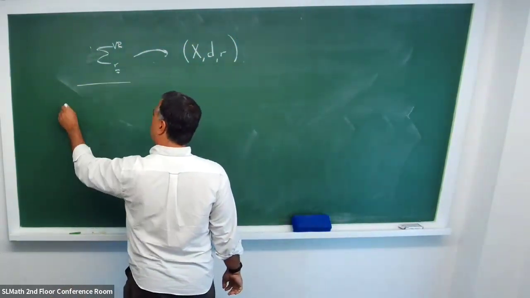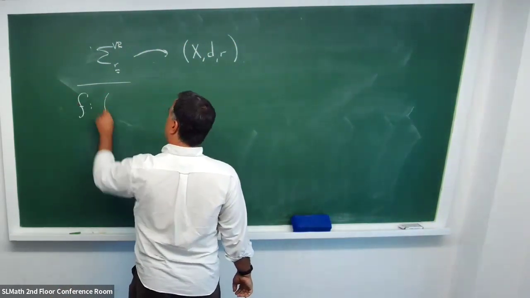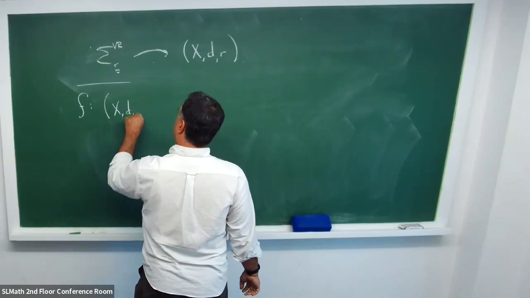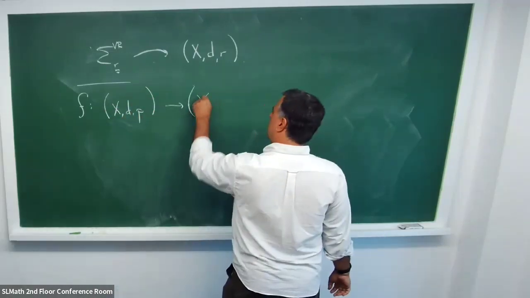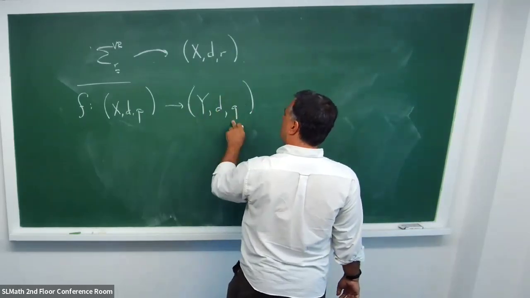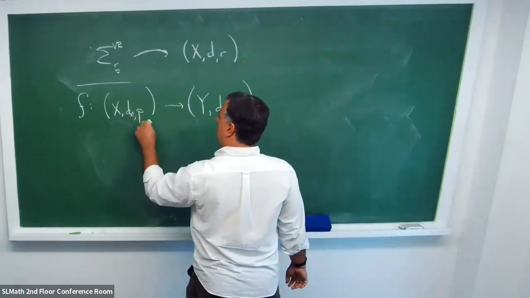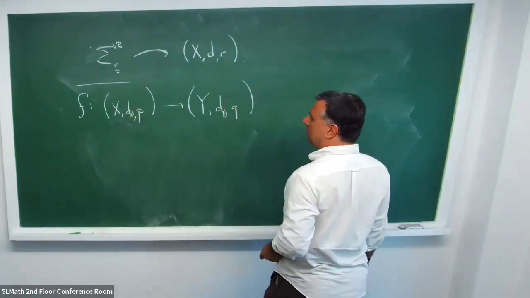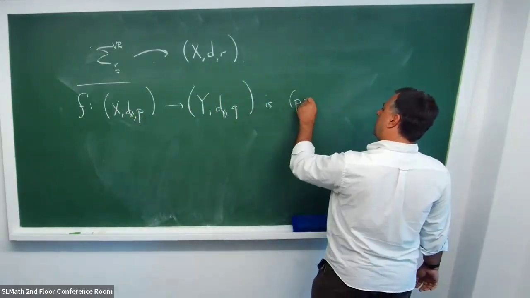So let's say a function between two metric spaces and two scales, each a number greater than or equal to 0, is, we'll just call it PQ continuous, might be better.